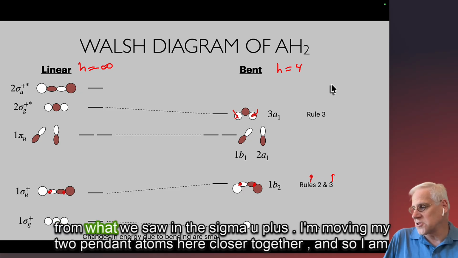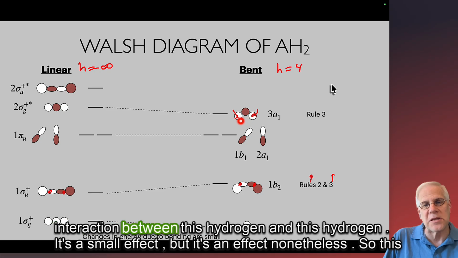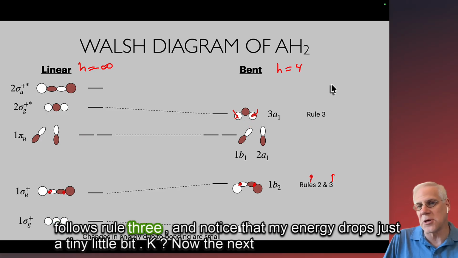This is different from what we saw in the sigma u plus. I'm moving my 2 pendant atoms here closer together, and so I am also increasing a bonding interaction between this hydrogen and this hydrogen. It's a small effect, but it's an effect nonetheless. So this follows rule 3, and notice that my energy drops just a tiny little bit.